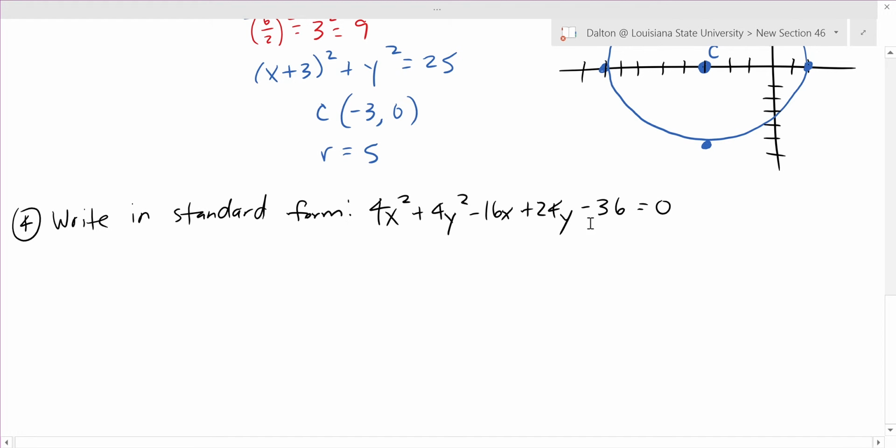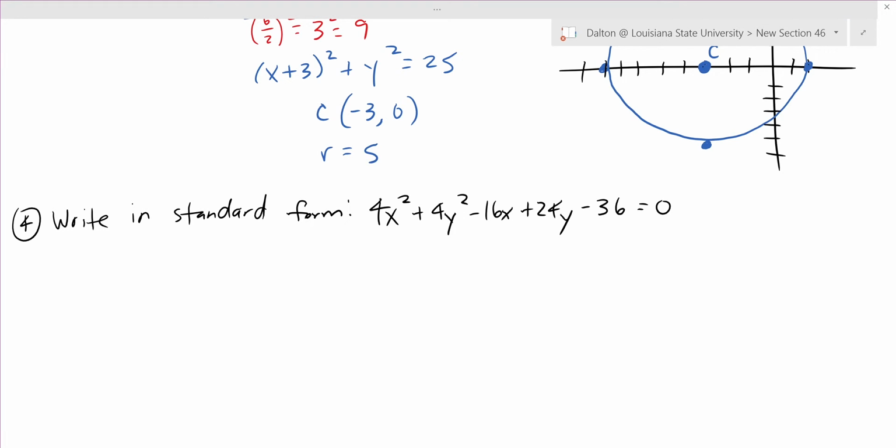So again, this one is all kinds of jumbled up. I have an x squared and an x term, a y squared and a y term, and it's set equal to 0. So you can do two things. You can start off by regrouping the way that we did on the last question, or you can start off by trying to simplify some of your numbers, recognizing that all of them are divisible by 4.